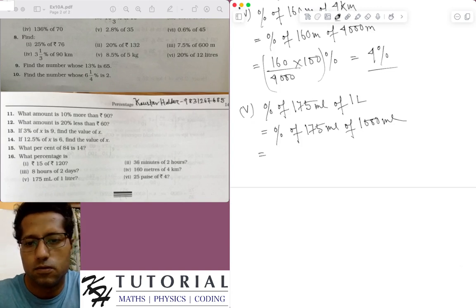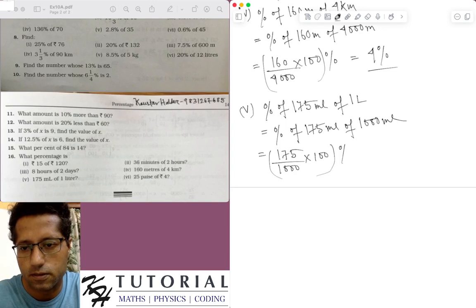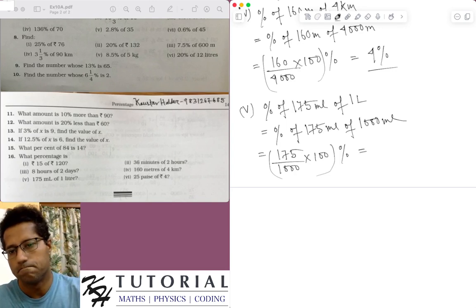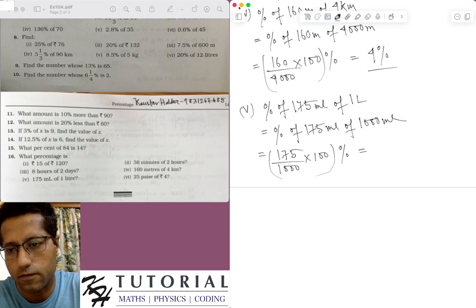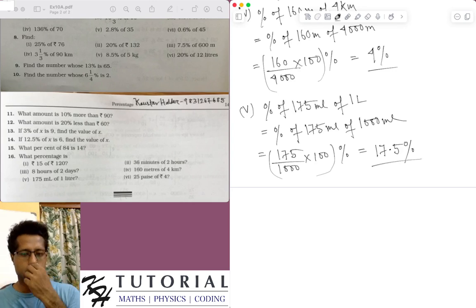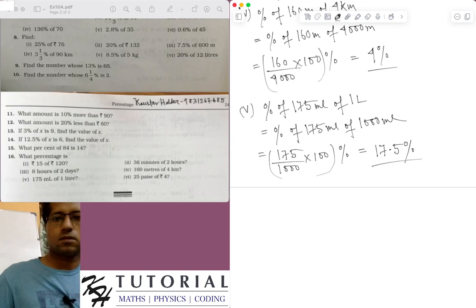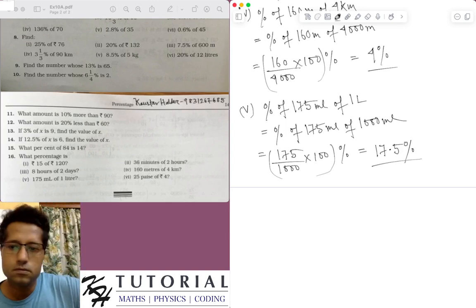Now this is equal to 175 divided by 1000 multiplied by 100. This is the percentage, which is equal to 17.5%.